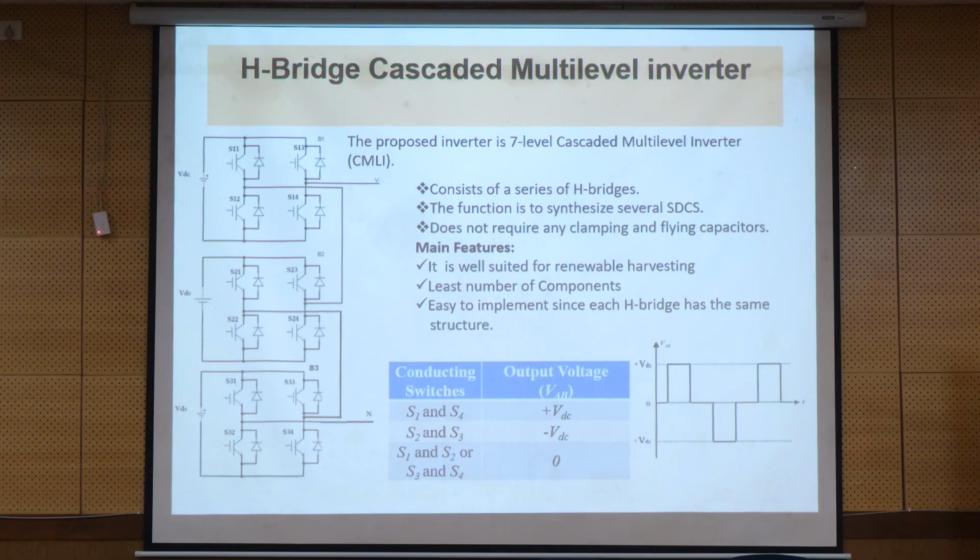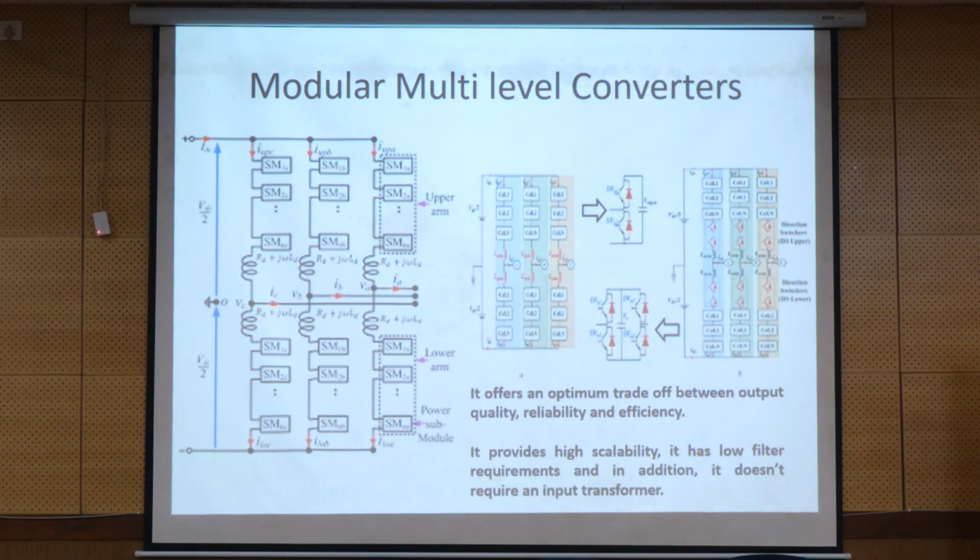Now we will go to the modular multi-level converter topology. Each submodule is connected in series cascade form to get the required output voltage. These submodules are made of either half bridge or full bridge configuration.